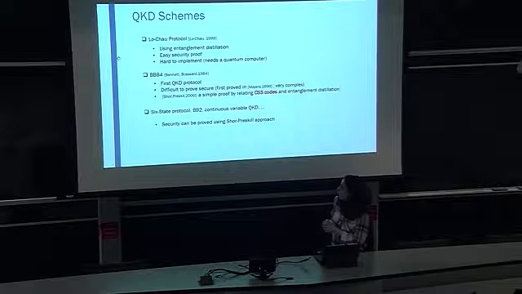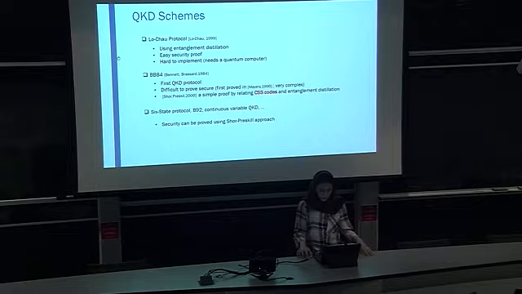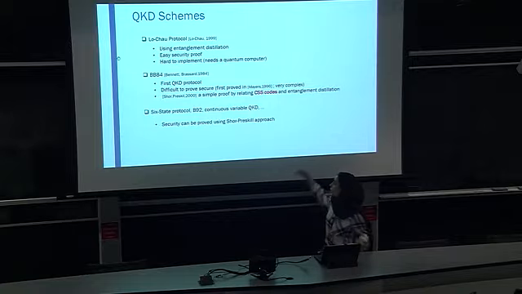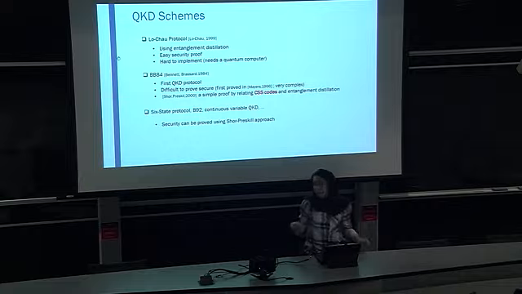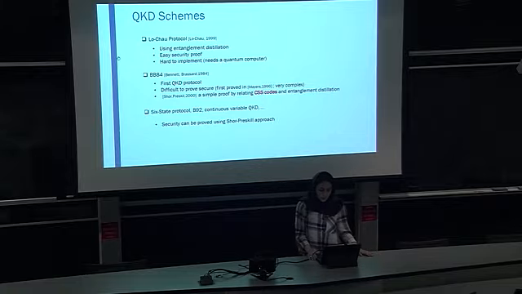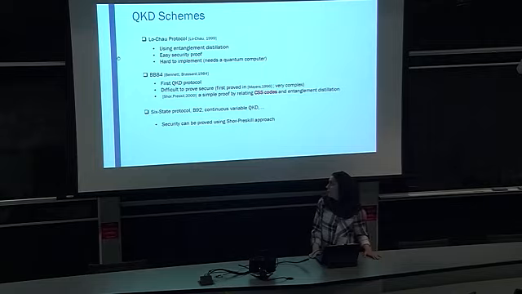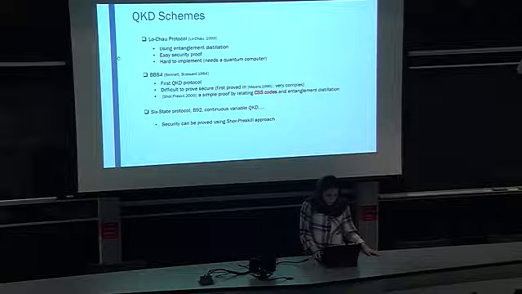So in this presentation, I'm going to basically describe this proof scheme. In their proof, they start with a modified version of the Lo-Chau protocol, which can be shown to be equivalent to the BB84 protocol, and they show that that protocol is secure, which implies the security of BB84.